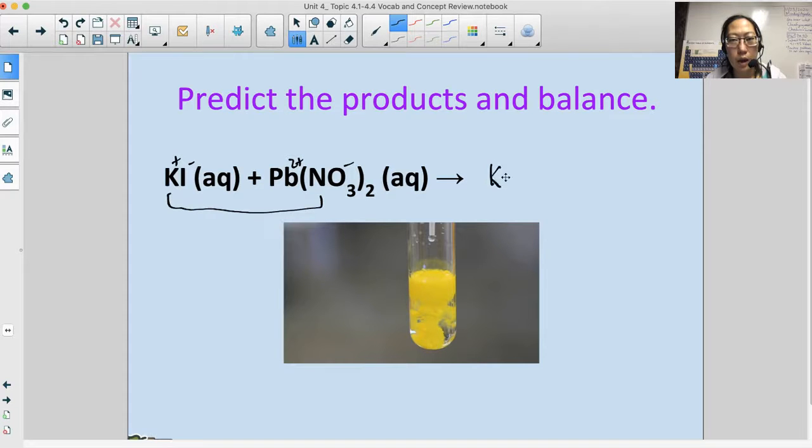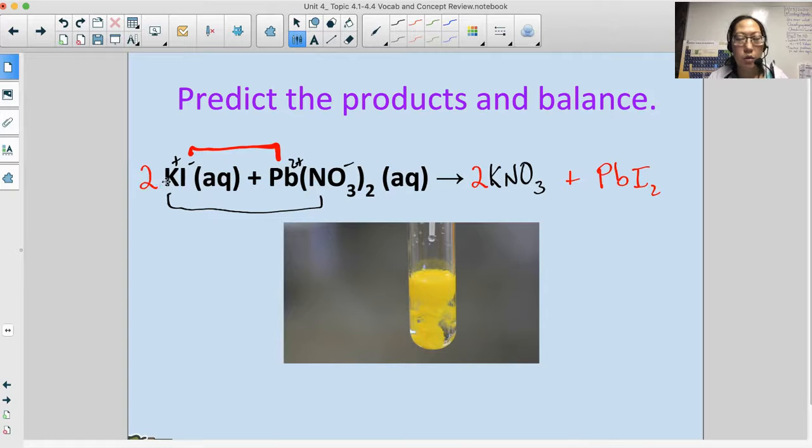I will get KNO3, and then I will combine my Pb with the I, okay, and I will get PbI2, remember it's +2, so I need 2 I- ions, and then I have to balance. So I have 2 NO3s here, so I need a 2, and a 2, and this is now balanced.